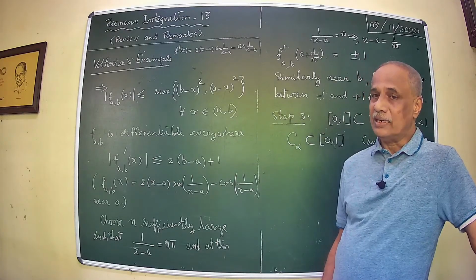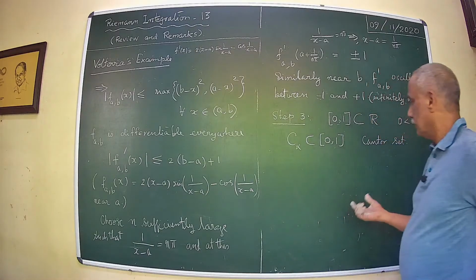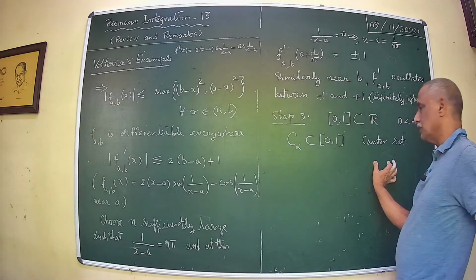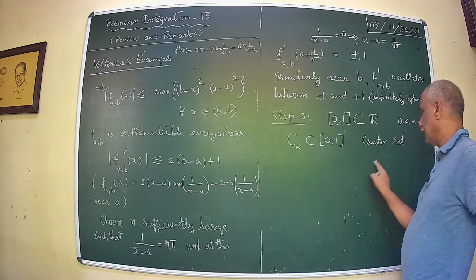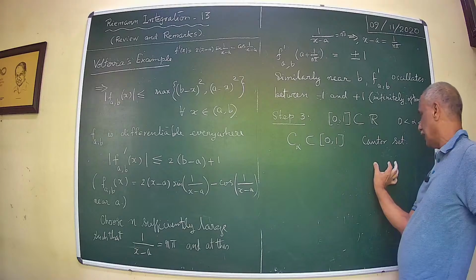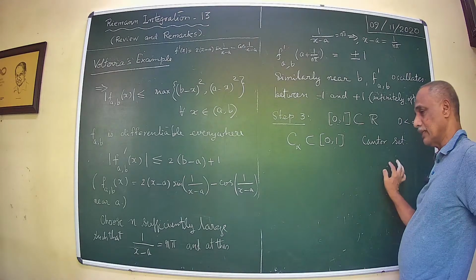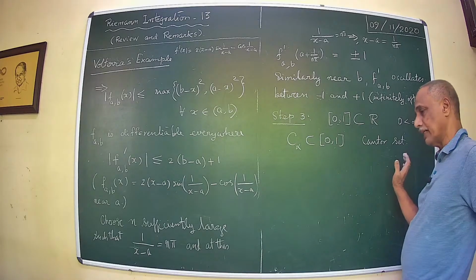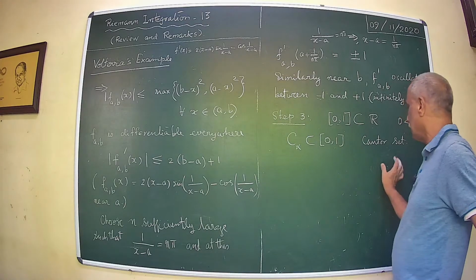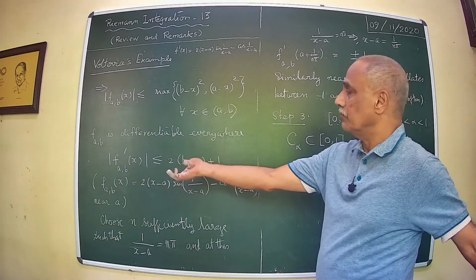Now we start constructing a function. For example, if you have an interval in which only the extreme endpoints are points of the Cantor set, and there exist no points of the Cantor set in between, then we consider this as an interval AB and define this function.